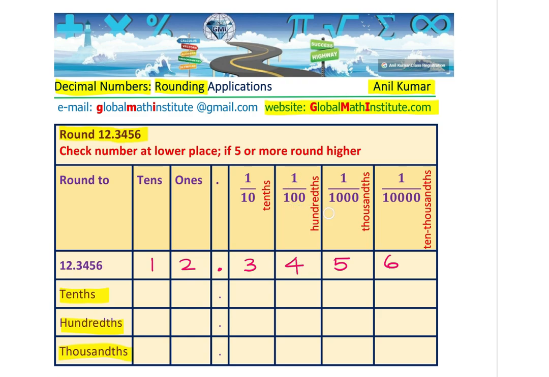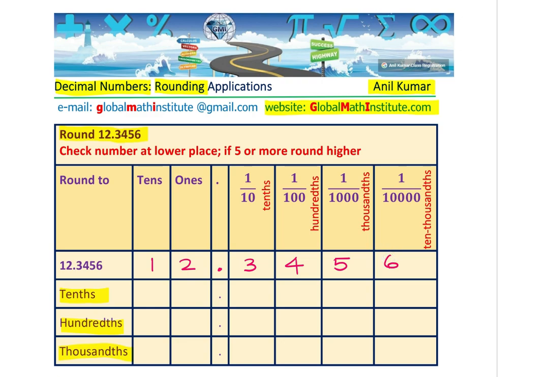And in expanded form, you write 5 in this position as 5 thousandths, which means 1 over 1000. So that is your thousandths place. And after that, we have the ten-thousandths place. So the number 12.3456 goes up to the ten-thousandths place.